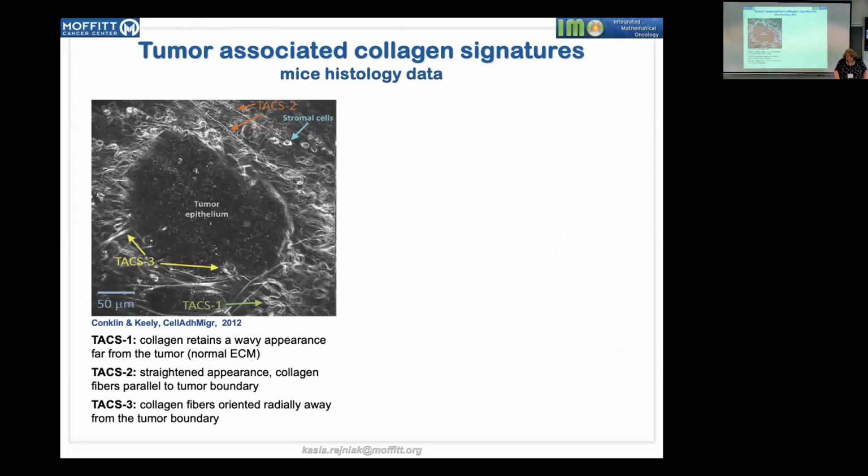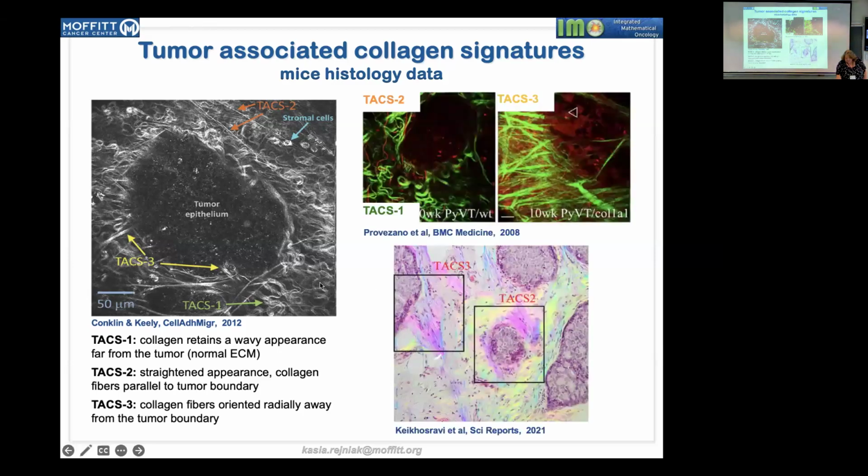And then the Patricia Keely group identified and named those three different patterns. They are all called the tumor-associated collagen signatures, or TACS. TACS 1 is the wavy structure that is loose and not stretched, and it's far from the tumor.